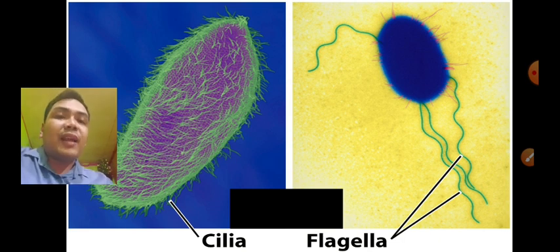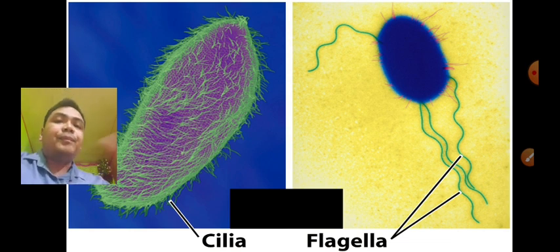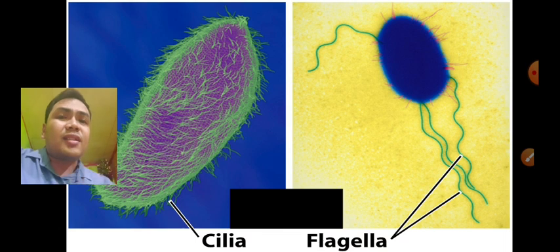It consists of thread-like structures that are extremely small. On the other hand, on the right side, we have the flagella. We have 4 flagella in our example for this illustration, okay, which is green in color. So let's try to discuss the differences between cilia and flagella.